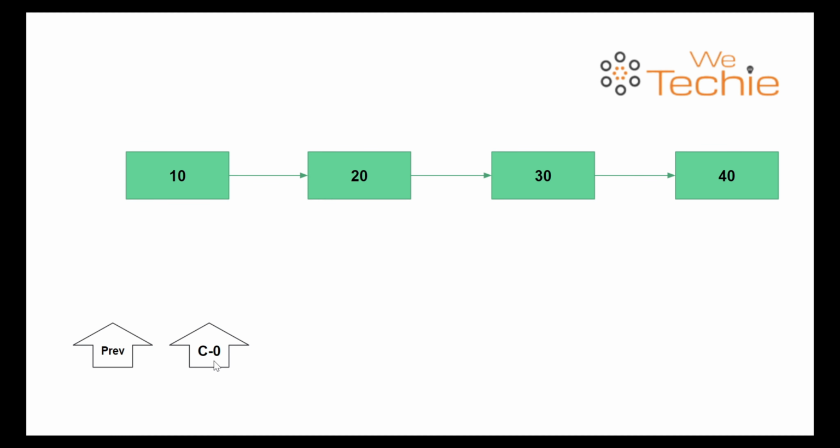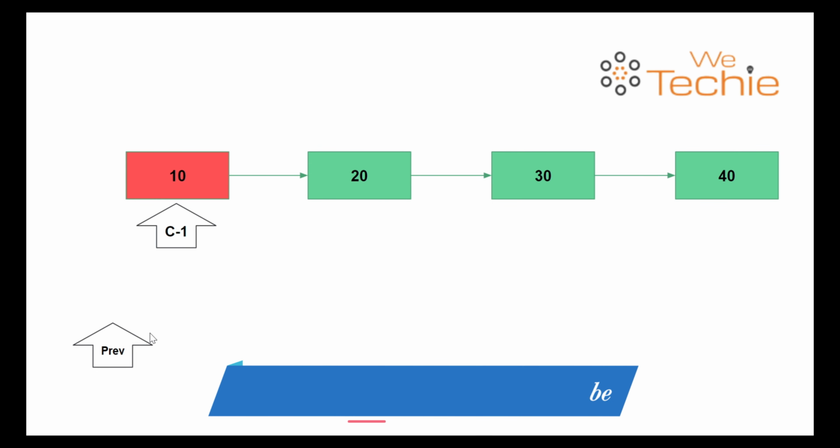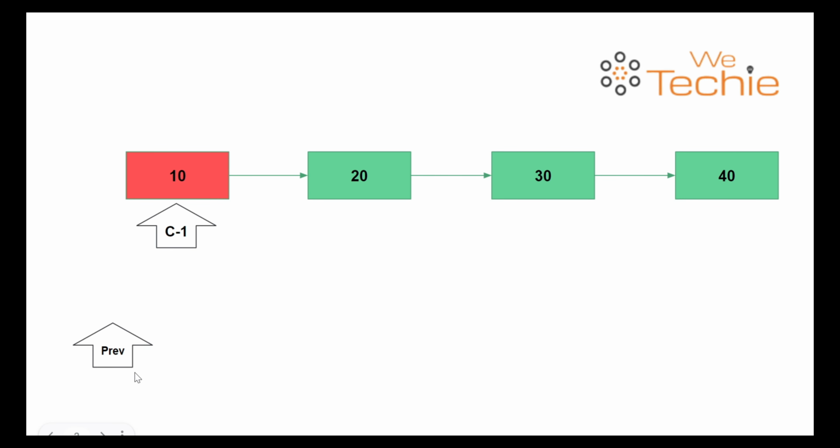So when we traverse from the first node, at that time the counter value will become 1 because we are at the first location of the single linked list, and you can see previous is still pointing to null. As the counter value is 1 and the node which we want to delete is at the third location, that location value is not equal to the counter value, so we will keep moving forward.